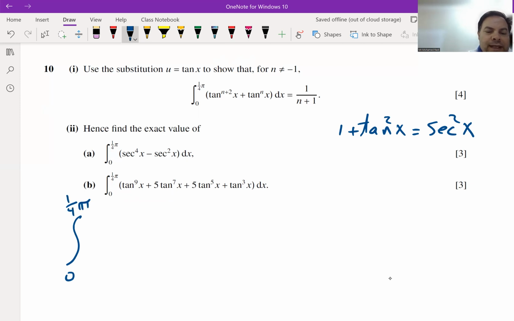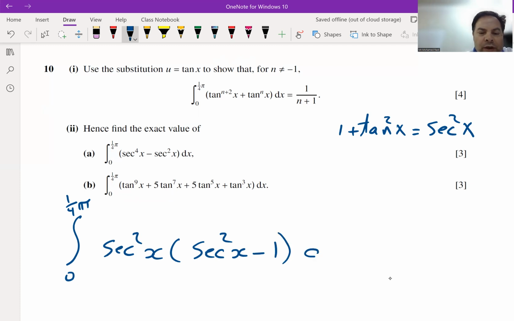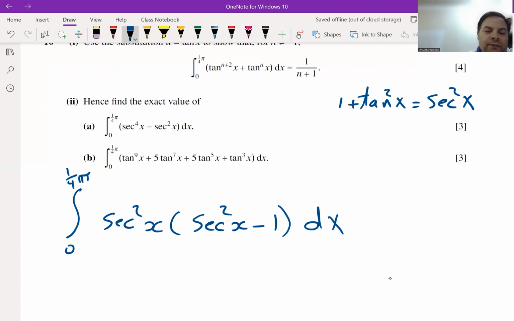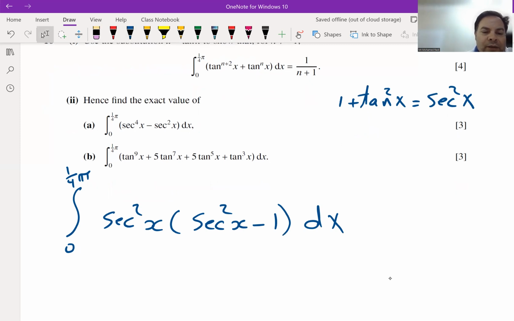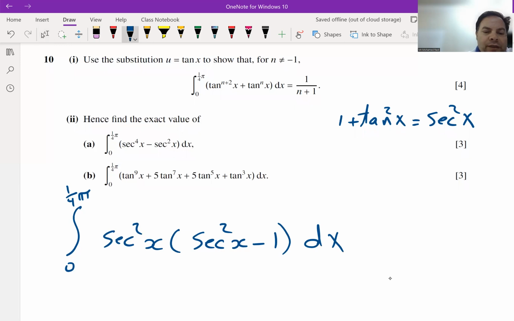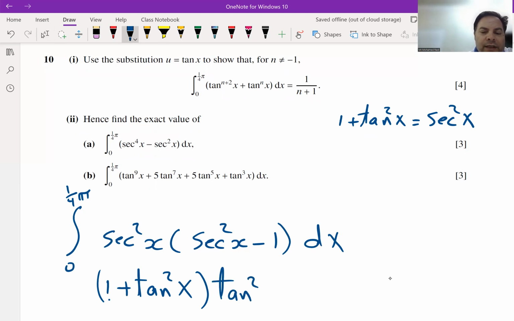By taking sec squared x outside as a common factor, you will get sec squared x minus 1 by dx. Sec squared x we can write as 1 plus tan squared x, and the other sec squared x minus 1 we can write as tan squared x, by dx.